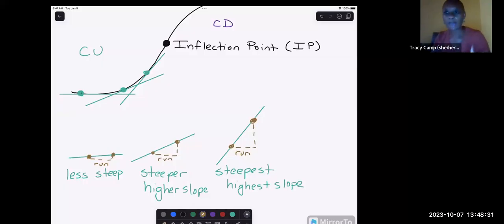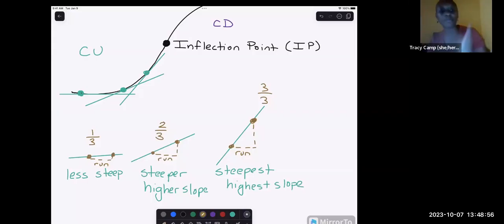And so if you have three fractions, I'm just going to make up some numbers. Let's say that this is 1/3, and this is 2/3, and this is 3/3. You have three fractions, right? And they all have the same denominator, but their numerators are growing.